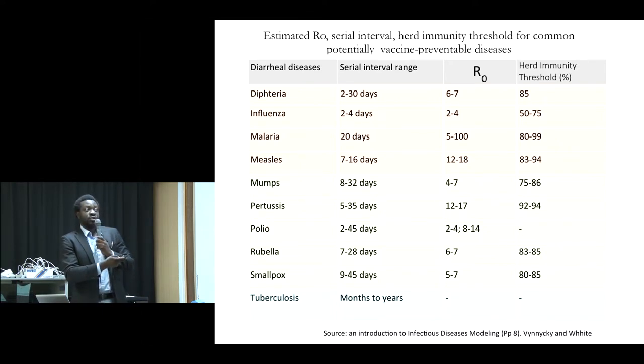Compare, for example, to influenza, which can give it to 2 to 4 people. This also means that we need a higher rate of vaccination for measles compared to the rate of vaccination for influenza. Measles is much higher because the R naught for measles is much higher compared to that of influenza.